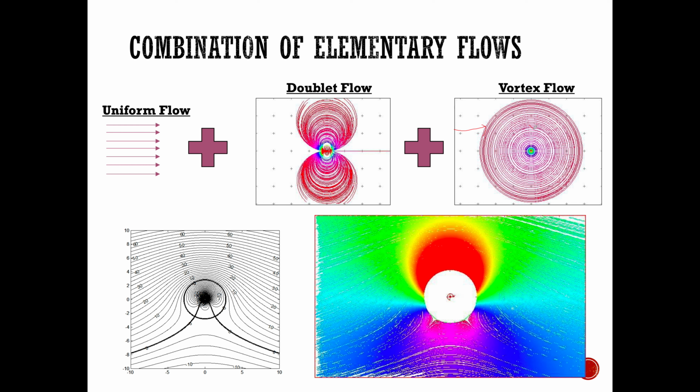So when you superimpose free stream in here, due to the additive property of vectors, the velocity vector on top is going to be much greater when compared to the velocity vector on the bottom. So you get a velocity gradient.